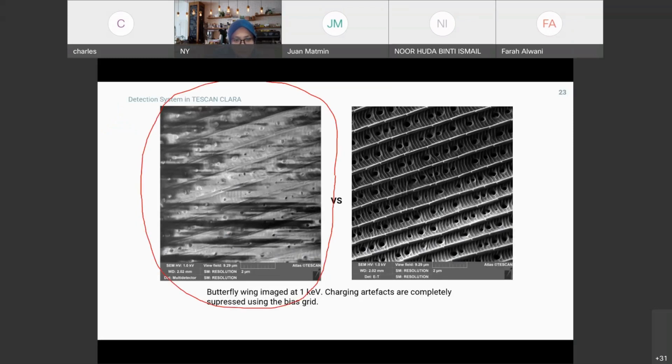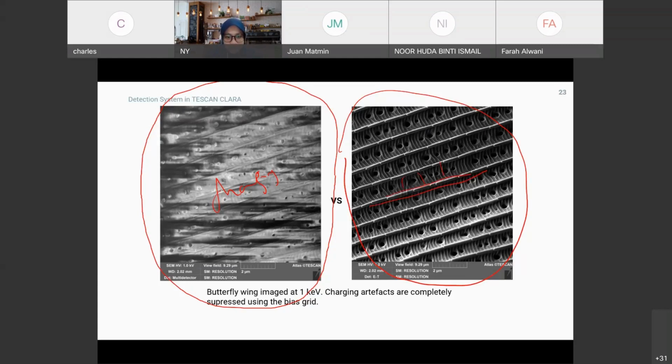The resolution is still there. We do not compromise it. This is what a conventional SEM cannot achieve. So if you compare this charging image here with this refined structure image, we are able to see this level of details.